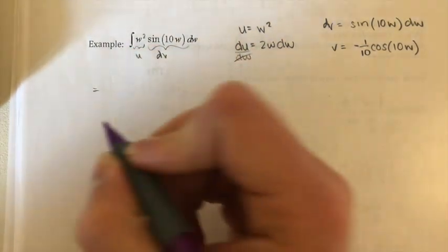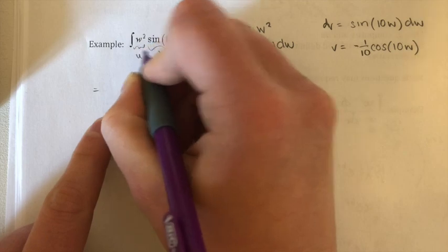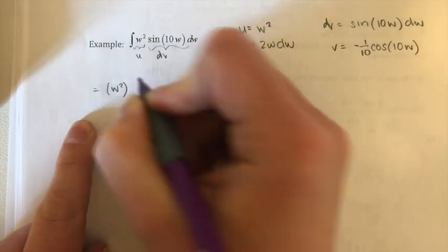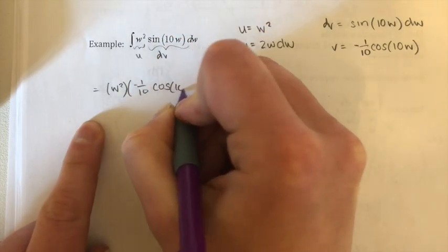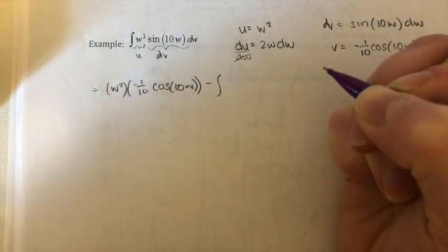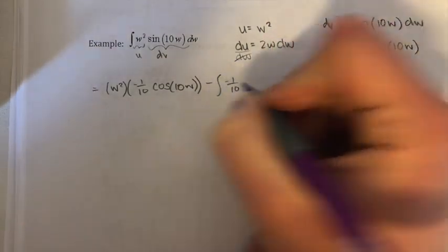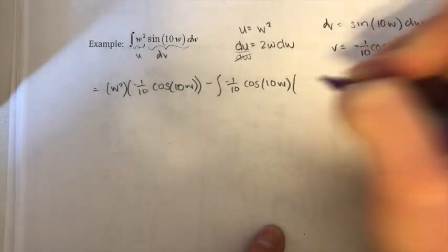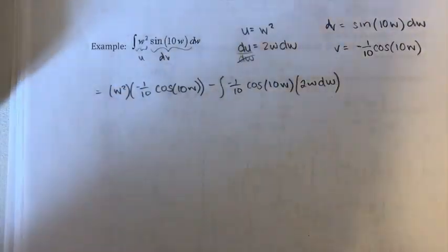So according to the formula, the integral of u dv is always going to be equal to u, so w squared, times v, negative 1/10 cos of 10w, minus the integral of v du. So v is negative 1/10 cos 10w times du, so 2w dw.